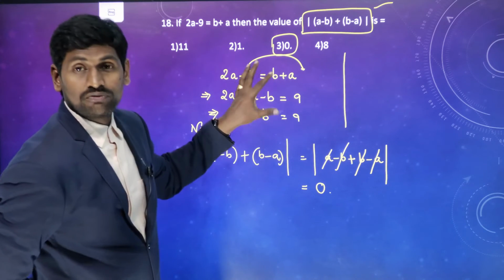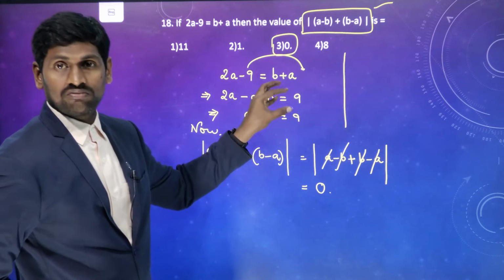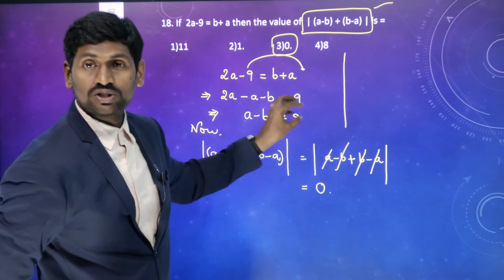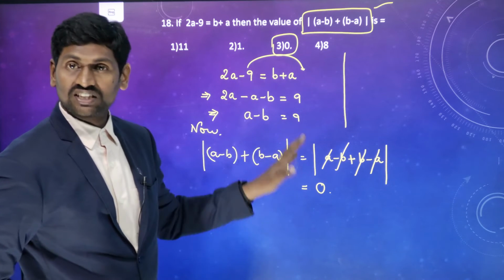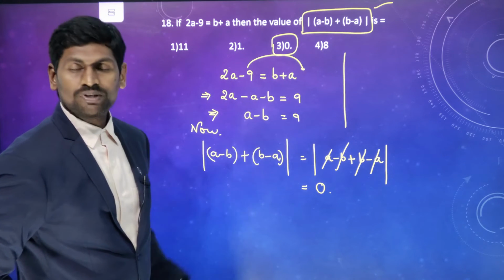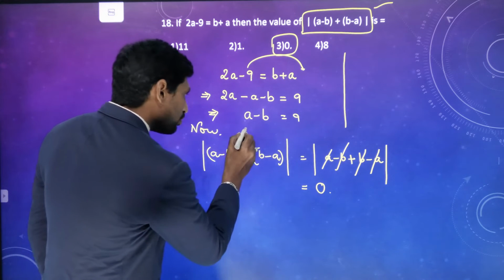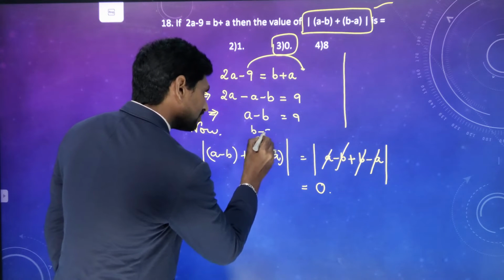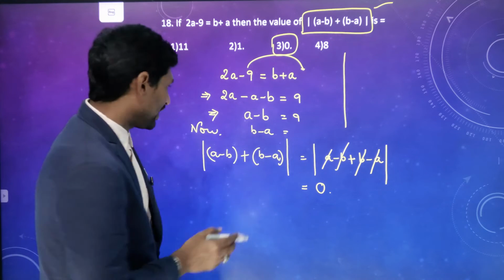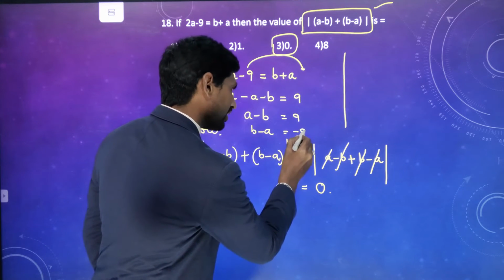From this given equation, if you wanted to use this equation, from these two equations also we will get that. From this answer also we will get the same answer. Let us see how it gets. A minus b value is positive 9. What about b minus a value?